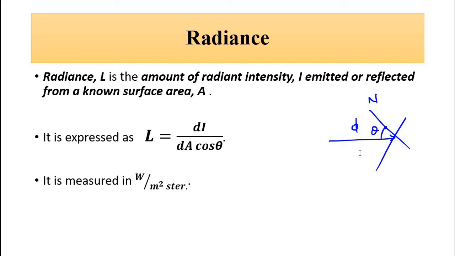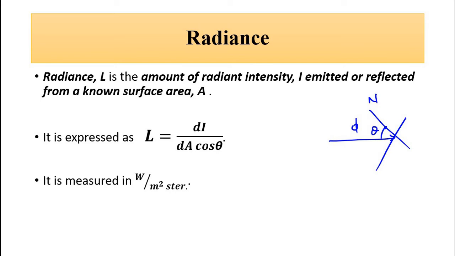We discussed this in the photometry part. So basically it is the angle between the normal to the surface and the direction of radiant flux. So this is the radiance part, which is watts per meter square steradian.